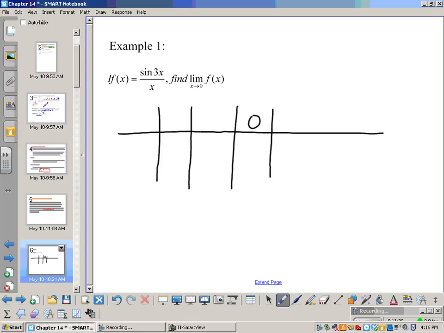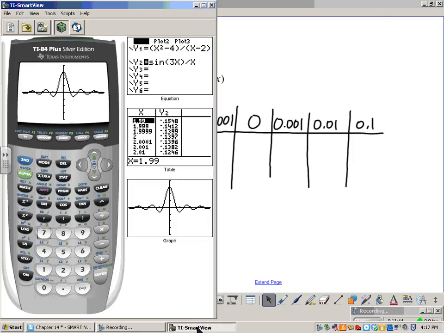So we're going to put 3 places on each side, and we're going to start out with negative 0.1, negative 0.01. So you notice we're getting closer and closer to 0. Okay? Then we're at 0, and then we're going to go on the other side of 0. Okay? And we're going to use our calculator to find those values.